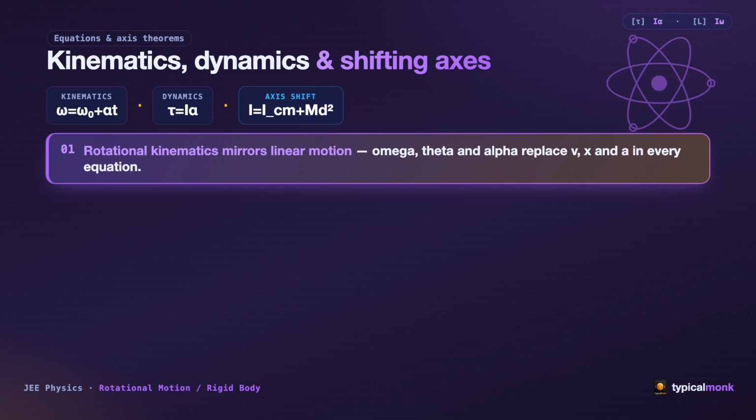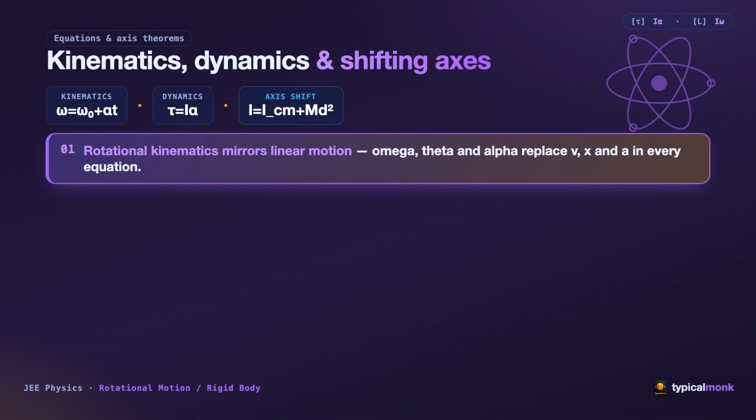Now, how do we actually calculate and connect these ideas? First, rotational kinematics mirrors linear motion equation for equation. Omega equals omega naught plus alpha t. Theta equals omega naught t plus 1/2 alpha t squared, and omega squared equals omega naught squared plus 2 alpha theta.